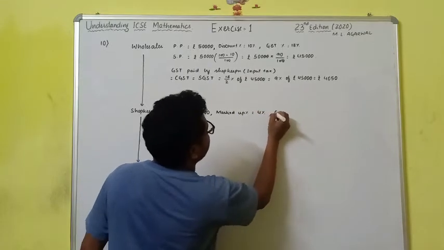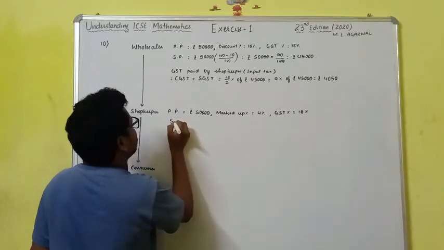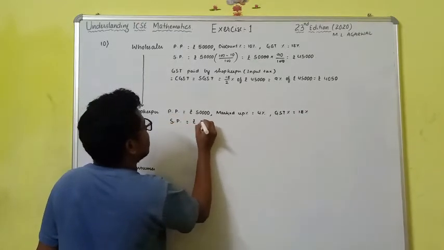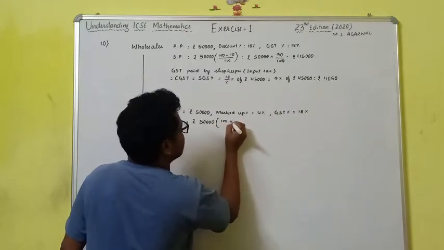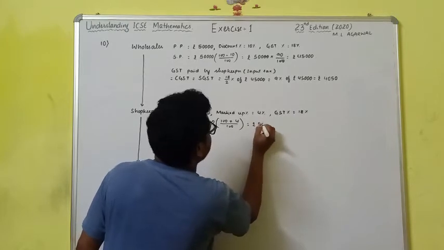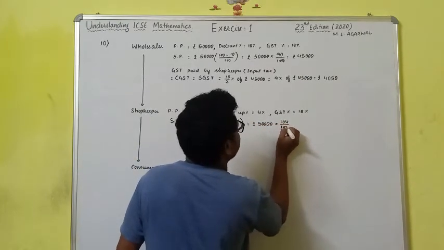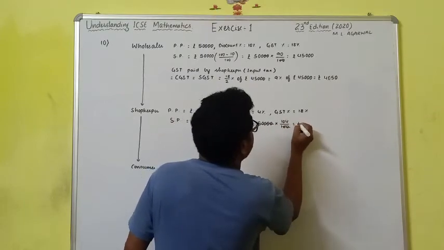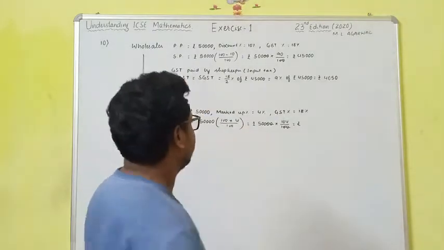Then what will be the selling price? Selling price will be equal to 50,000 into (100 plus 4) by 100. So it will be added here. So 50,000 into 104 by 100. Zeros cancel, 104 into 5 will be 520.